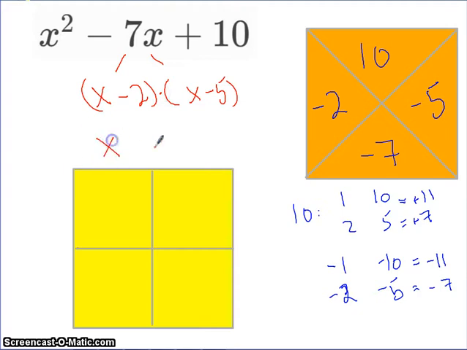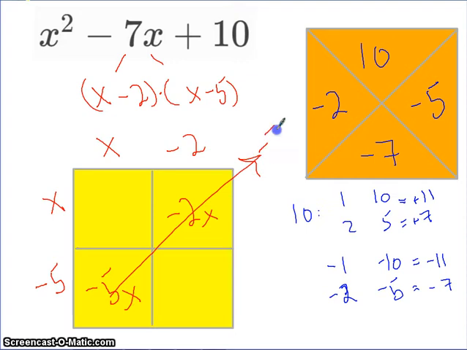So I'm going to use a box to distribute that and double check. X minus 5. Negative 2 times x gives me negative 2x, and negative 5 times x gives me negative 5x. When I add those two like terms, I get negative 7x, which is the middle term that I was looking for. And then the negative 2 here times the negative 5 here gives me positive 10, the last term in the trinomial that I was looking for.